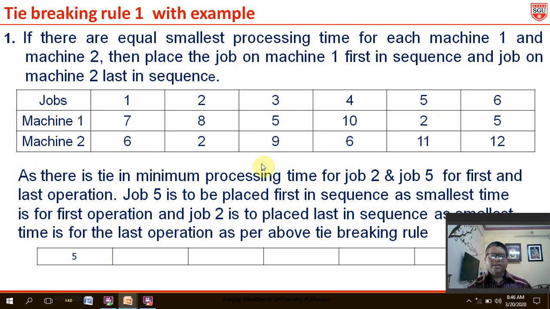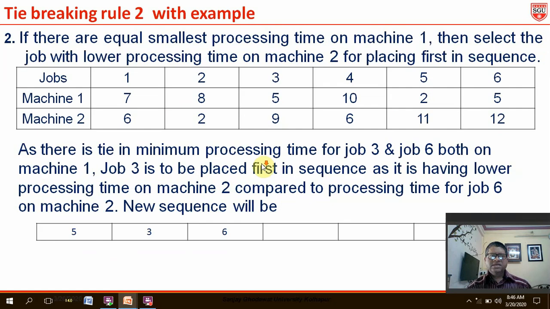It is very simple. But sometimes the tie for the smallest processing time is for the first operation, on machine 1, for two jobs. So which job is to be sequenced first, 3 or 6? For that we have to refer to the processing time of the last operation.